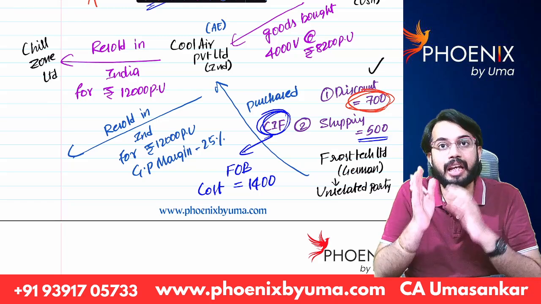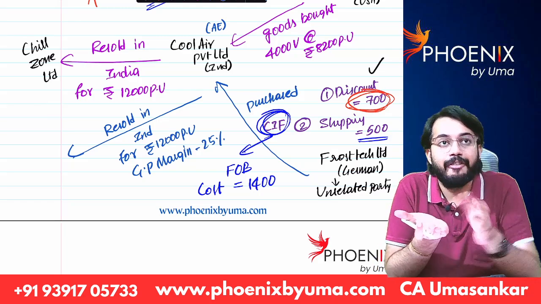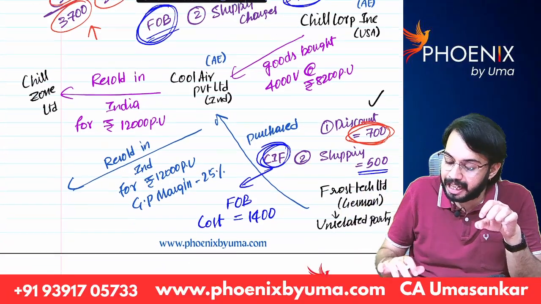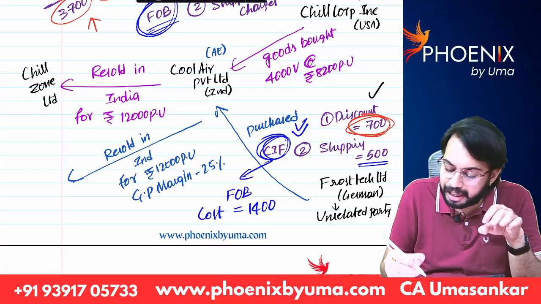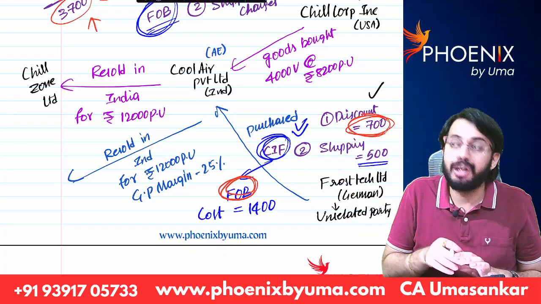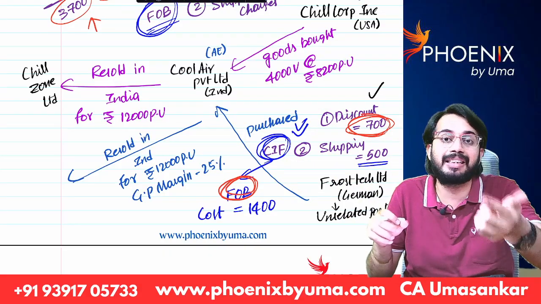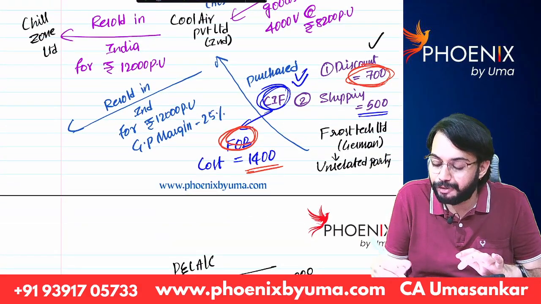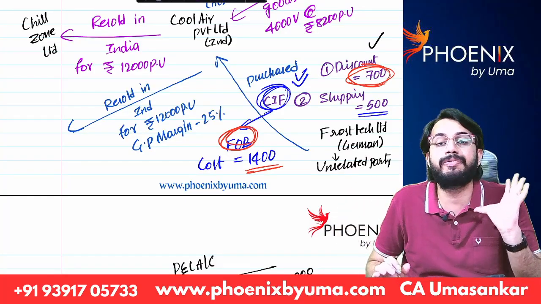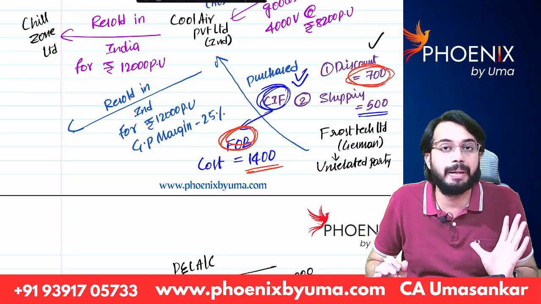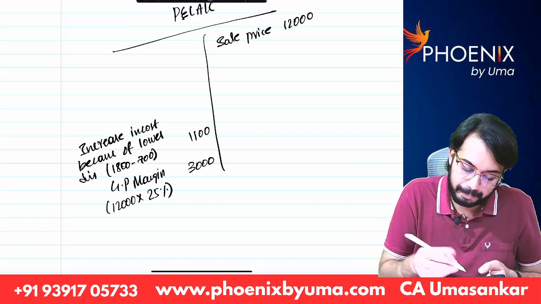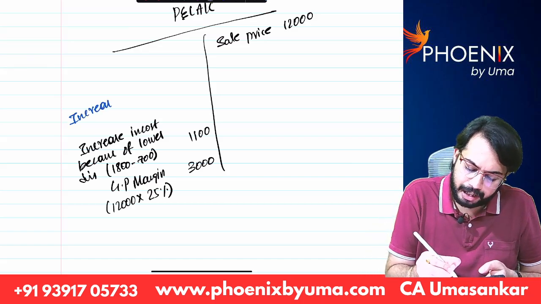That means we need to compare both the transactions. From the related party, it is on FOB basis. From the unrelated party, it is on CIF basis. If we convert it into FOB basis, that means what? Even from the unrelated party, if we buy goods on FOB basis, the cost is 1400. Correct. So how much will be the increase in freight cost if we buy goods from the unrelated party on FOB basis?